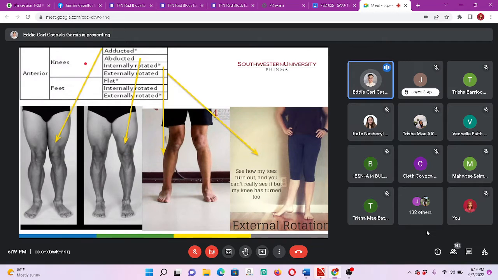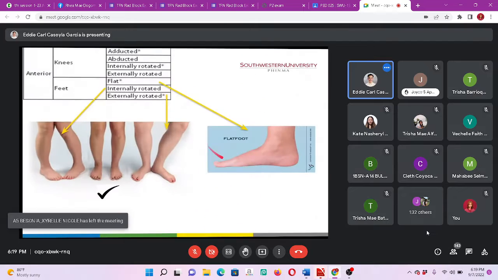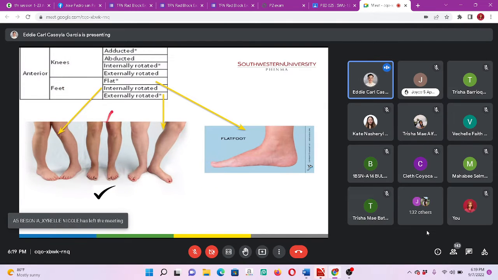Okay, so for knees, this is what we call adducted, and this one if it's abducted. Okay, and this one is internally rotated, and this one is externally rotated. And also for the feet, this one if it's internally rotated, that's what we call pigeon-toed. Okay, I think it is pigeon-toed.